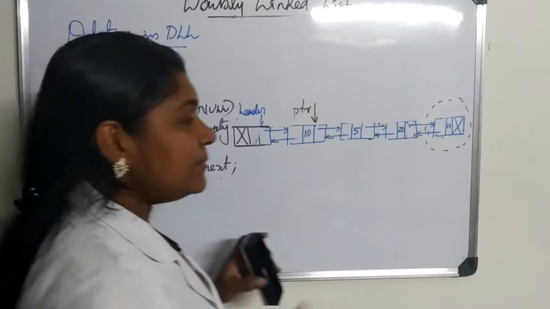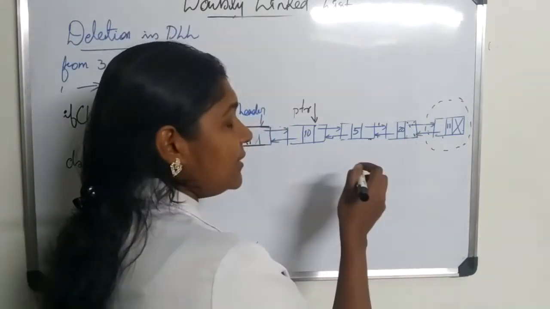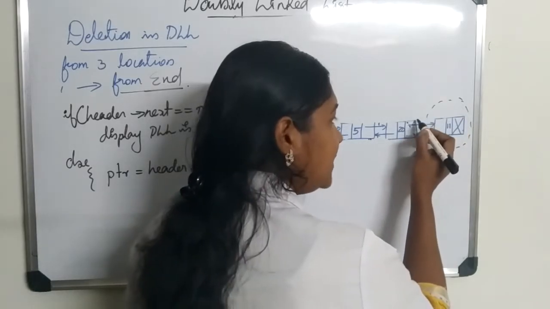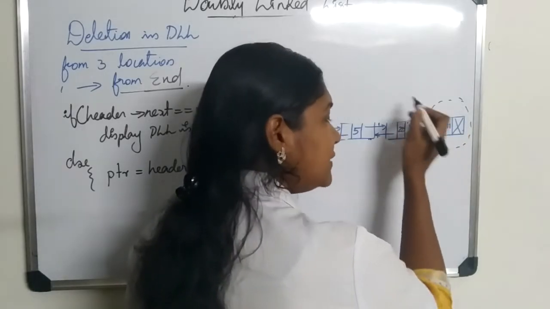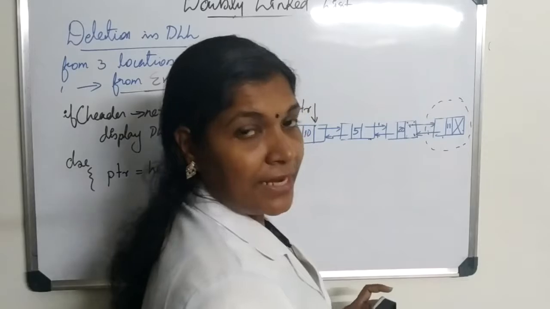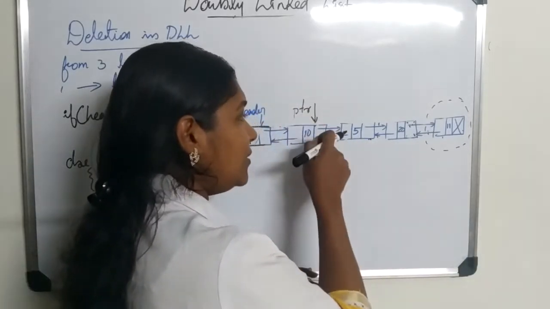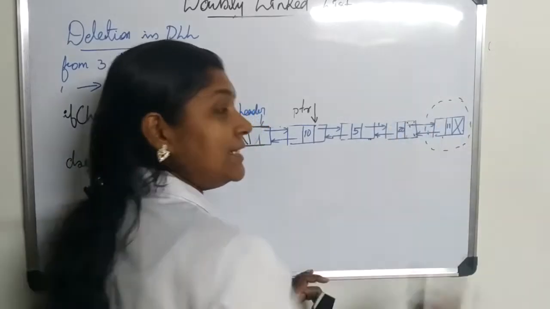So what are we supposed to do? We should reach the last node, then make the next pointer part of the second last node null, right? So first let us give a temporary name to header dot next, then traverse till the last node.